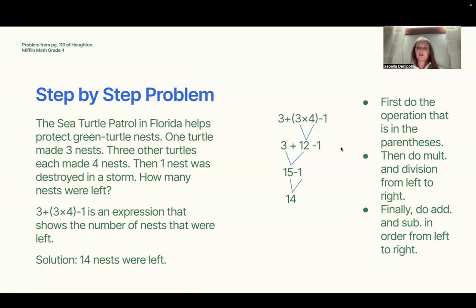And then you would go from left to right, see if there's any more division or multiplication, which there is not. So you would finally do addition and subtraction from left to right. So you'd first do 3 plus 12, which equals 15. So bring it down over here, and then bring down the minus 1 next to the 15, and then you'd get 15 minus 1, which equals 14. So your solution would be 14 nests were left.